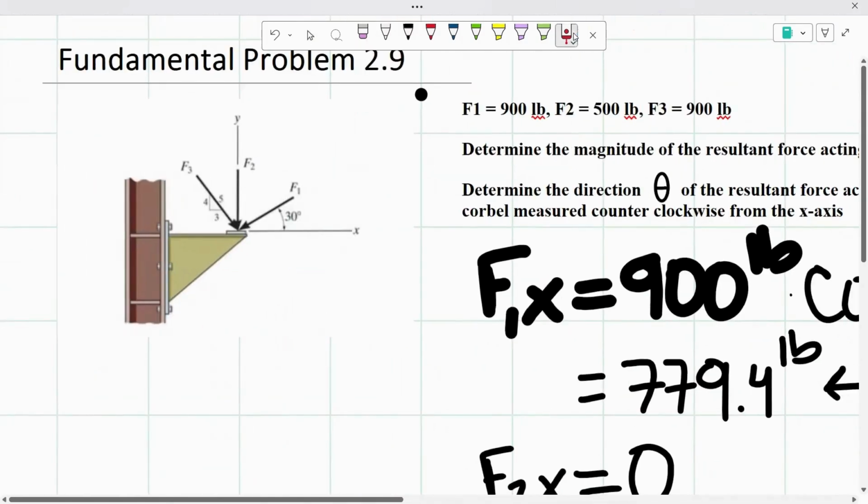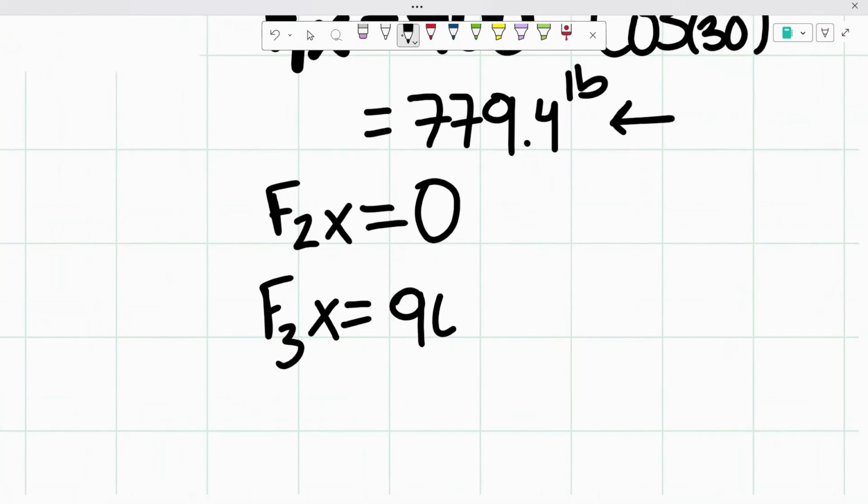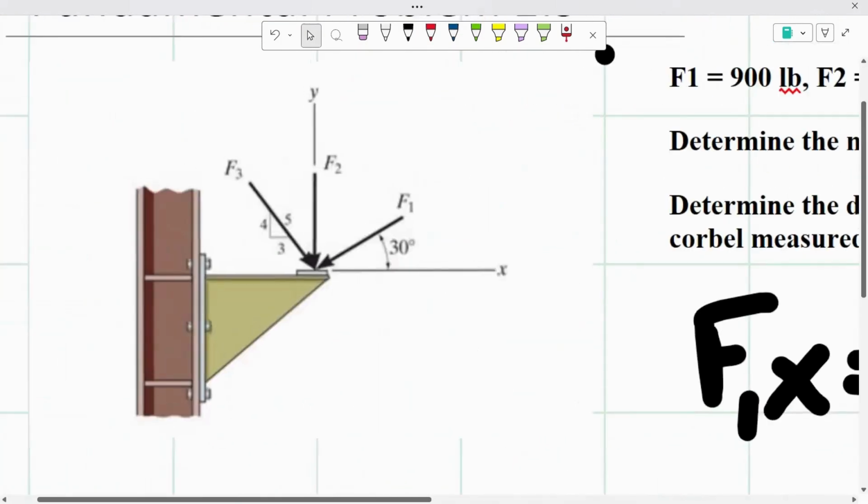So now we're going to move on to F3. F3 is slanted, so there is some horizontal component to it. So we're going to try to find its horizontal component. So now we have F3x is equal to, once again, F3 is also 900 pounds times. And for this one, we don't have an angle, but they did give us the slope, the 3-4-5.